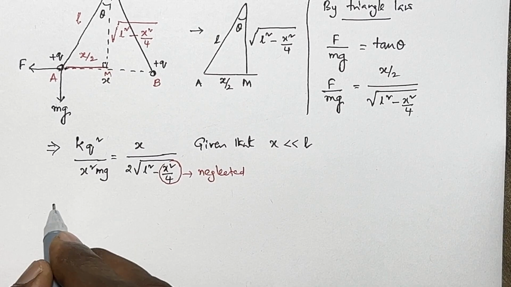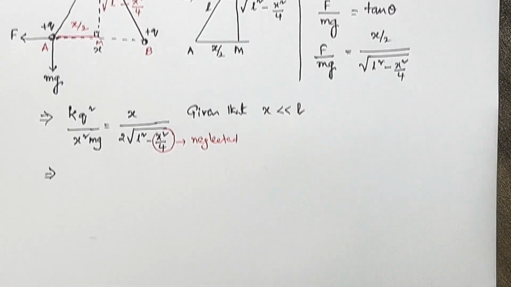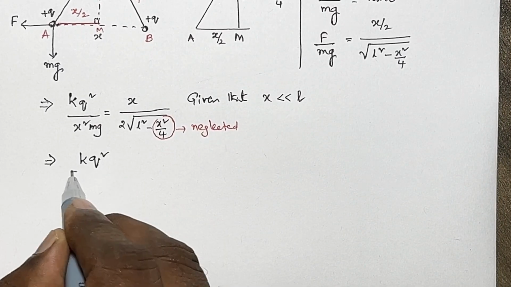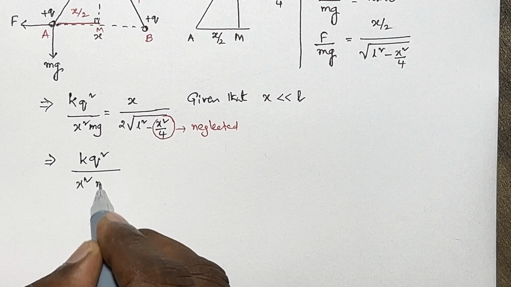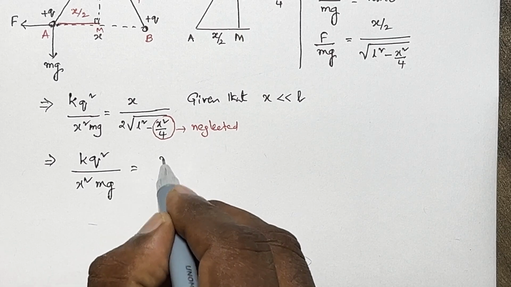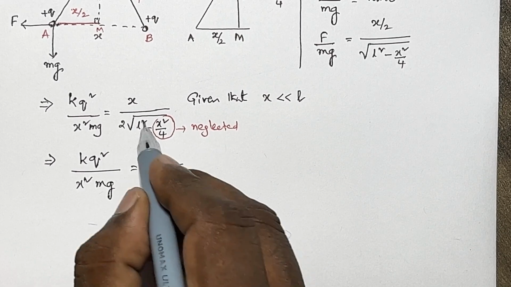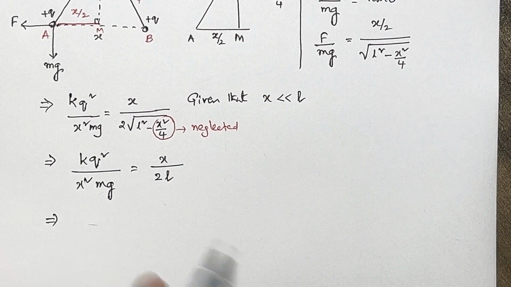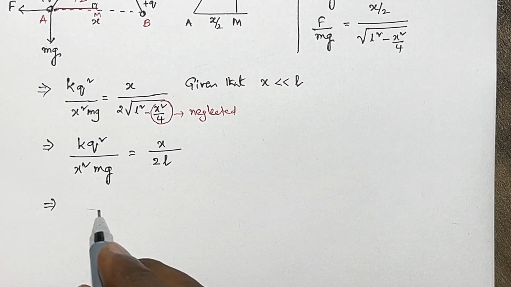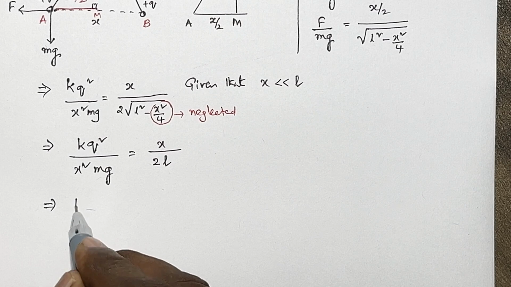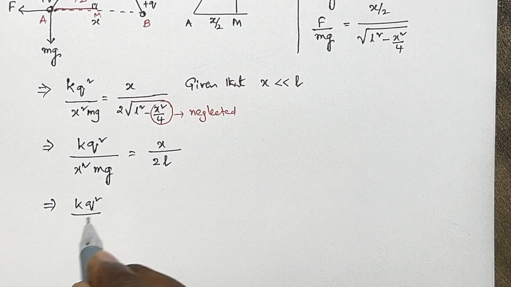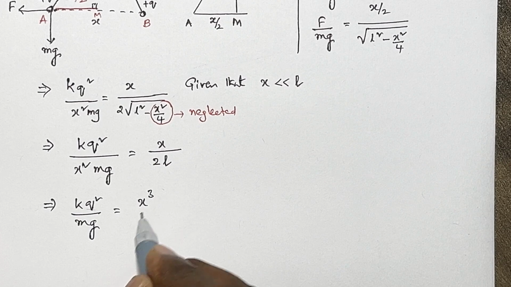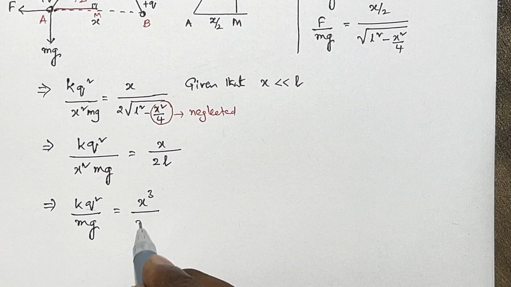Then what we get here: k q square by x square, is equal to mg times x by 2 root L square, which is L. So I will get k q square by mg is equal to x cube by 2L.